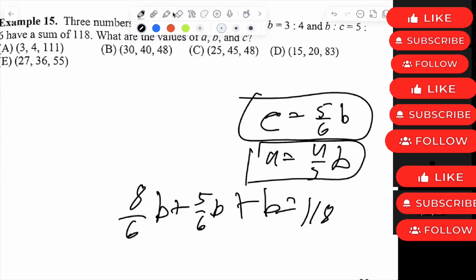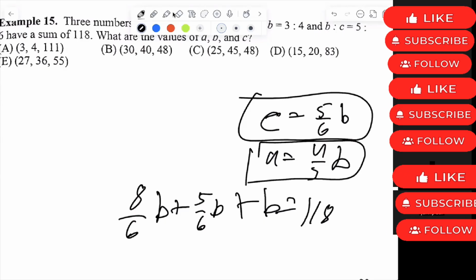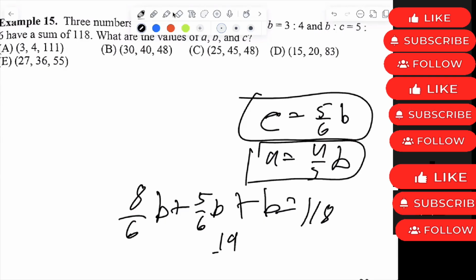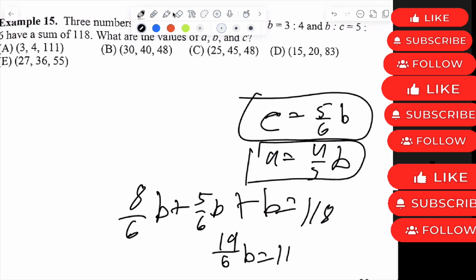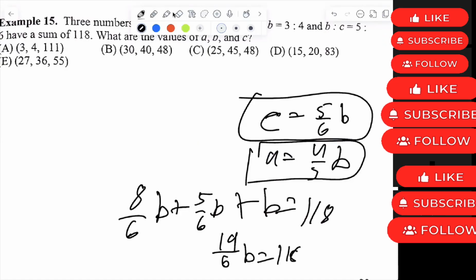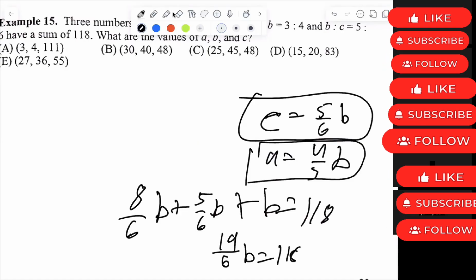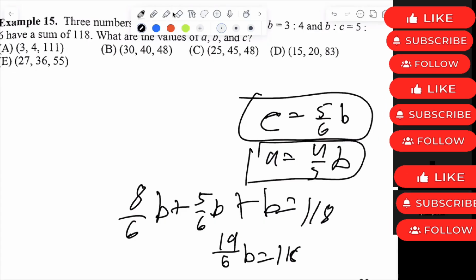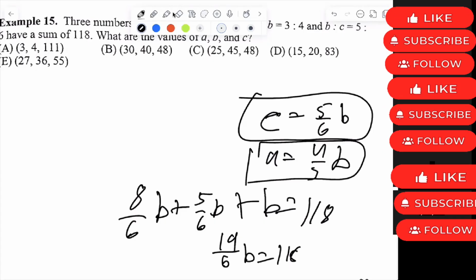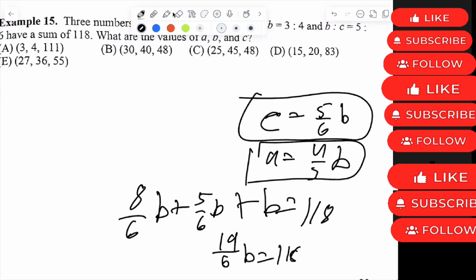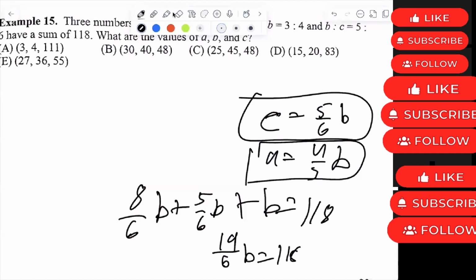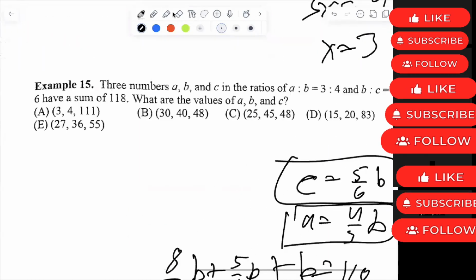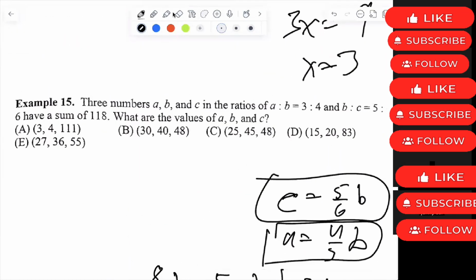If we add this all up, you get 19 over 6 B is equal to 118. Alright? This is right, I think. I'm pretty sure. 8 plus 5 is 13, plus 6 should be 19. Yup. And this should be equal to 118.